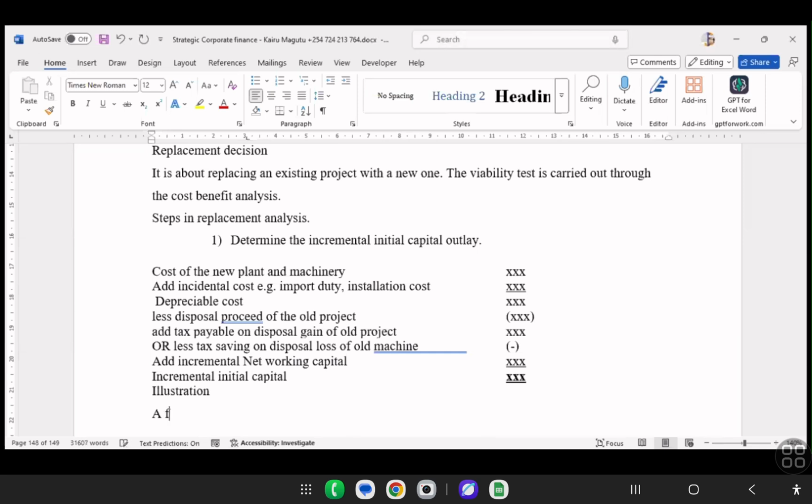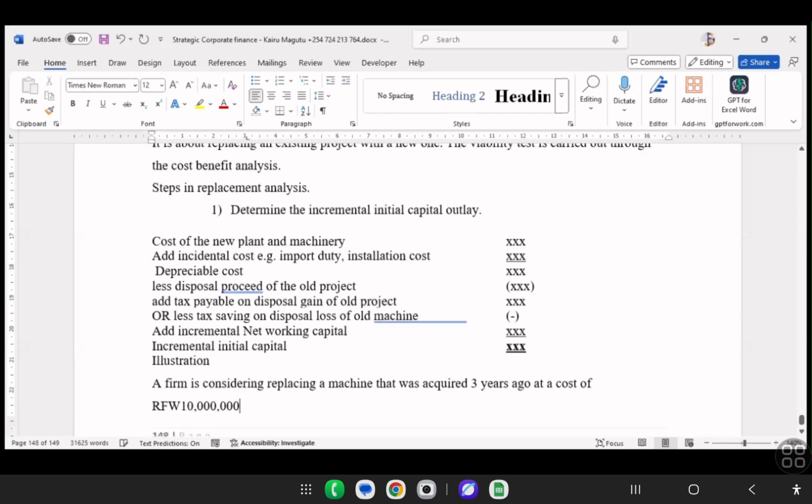So we say that a farm is considering replacing a machine that was acquired 3 years ago at a cost of Rwandan francs, let's say 10 million Rwandan francs.